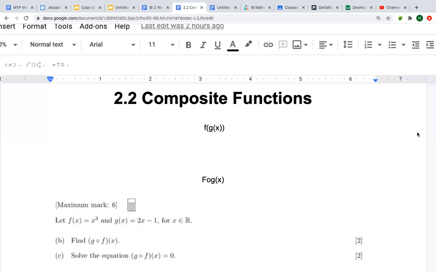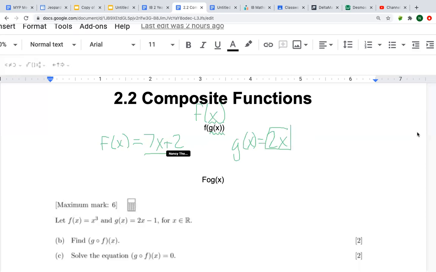Basically, what this is saying is normally, since there would be an x in the parentheses for f of x, like f parentheses x parentheses, this means you're plugging in g of x anywhere you see an x. So for example, if I have f of x equals 7x plus 2, and g of x is equal to 2x, then I will just plug in a 2x everywhere I see an x in this equation.